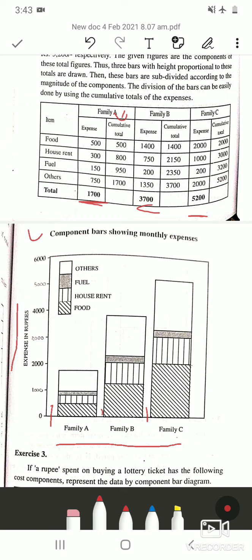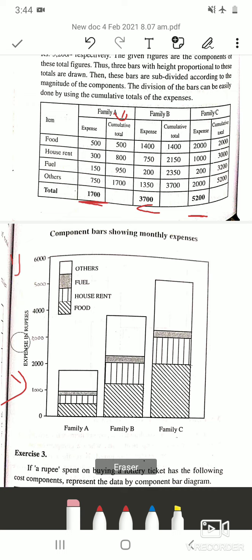So you can't take 1 centimeter rectangular box for the next family, 2 centimeters for the next family, 3 centimeters. So you can't do that. For each family the rectangular bar should be of the same width. And taking the scale along y-axis is again your choice. So here for 1 centimeter it is 1000 rupees.